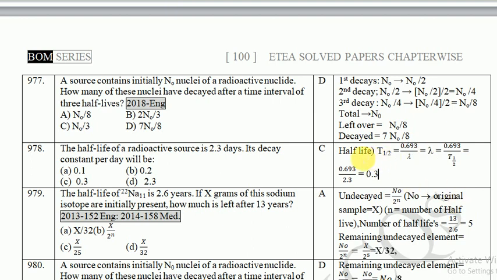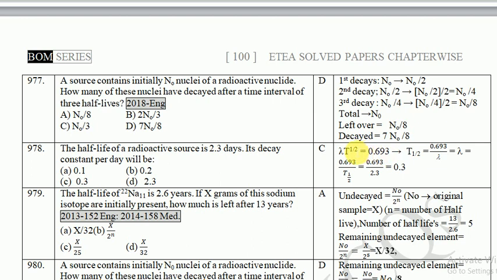Now we know that lambda into half-life T 1 by 2 is equal to 0.693. In this case they have given us the half-life, so lambda is equal to 0.693 by T.